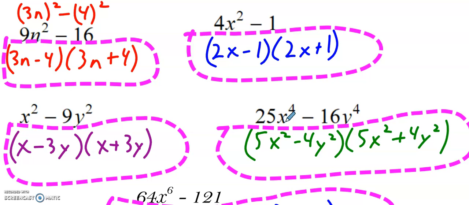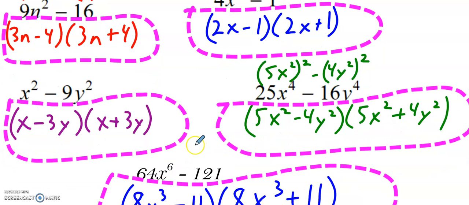What times itself is x to the fourth? Well, that's x squared. So I can write that out: 5x squared minus 4y squared. So then I get 5x squared minus 4y squared, 5x squared plus 4y squared.